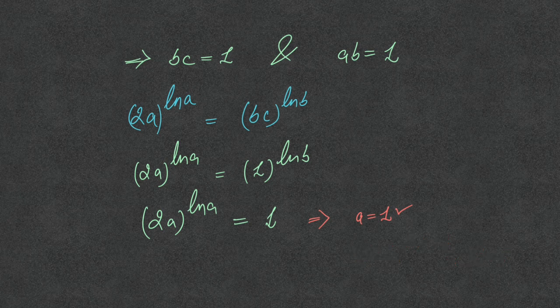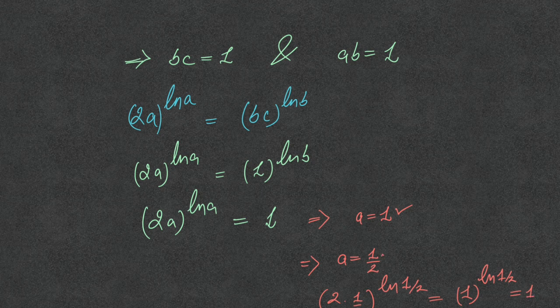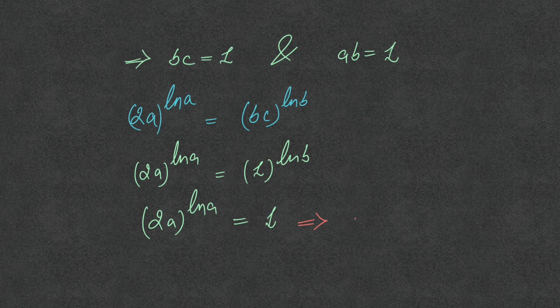Also, if we make the base equal to 1, that is only possible when a equal to 1 by 2, because for 1 by 2 it becomes 2 into 1 by 2 to the power log of 1 by 2, which is equal to 1 to the power log of 1 by 2, which is again 1. So a equal to half is also a valid value. So clearly I can say a is equal to 1 and half only.